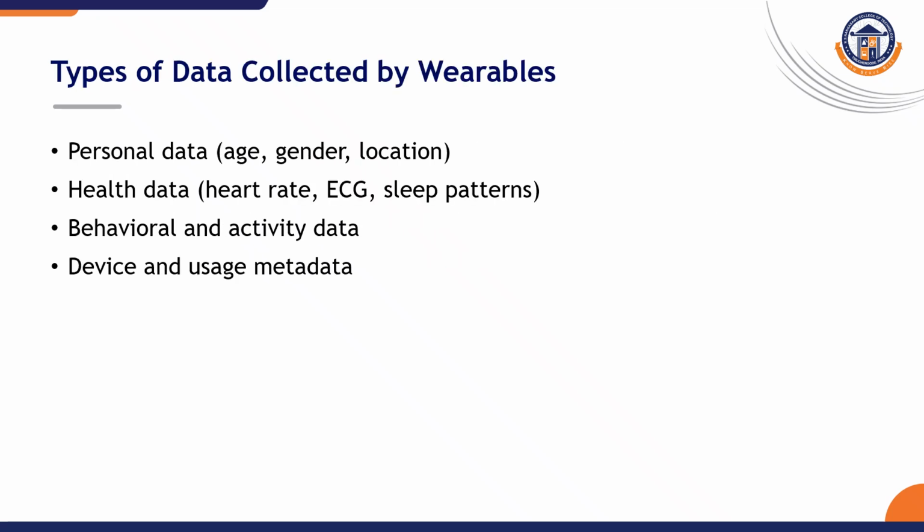The different types of data collected from the users by wearable devices are personal data like age, gender, and the location of the users; heart rate, ECG, and sleep patterns of patients, which are health data; other activity data like behavioral and sports activity data; and device and usage data of users.